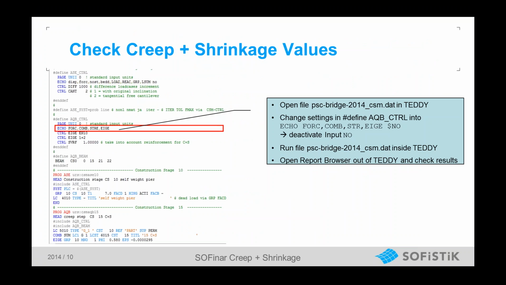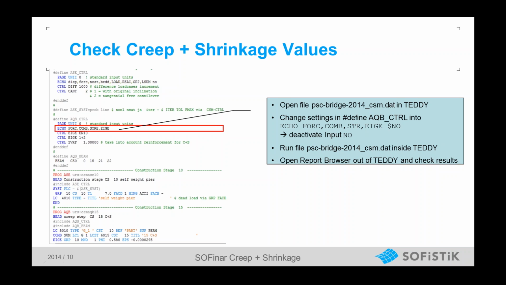Now the next thing I want to introduce is how you can check what's going on in the AQB. So again, I want to point your view to the underlined csm.dat file. And this file looks like that here. You have lots of template functions defined here.